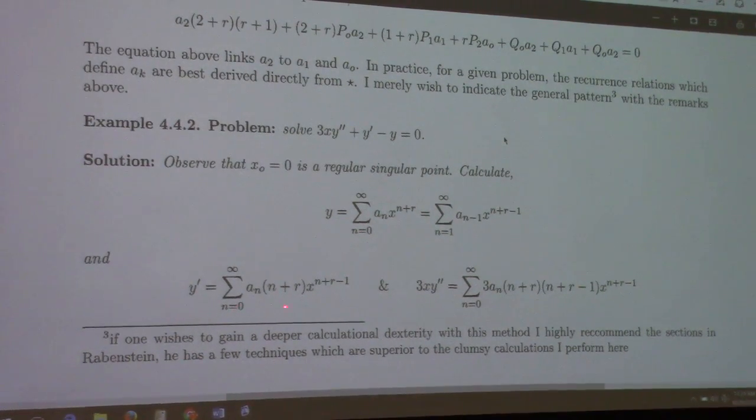All right, fine. So there's y prime, and then y prime prime would be the a sub n plus r minus 1, x to the n plus r minus 2, right? But I multiply by 3x here. So I brought the 3 in, and I added 1 to the power here. I guess my point is, oh, I know what my point is. We can meet in the middle. It's easier.